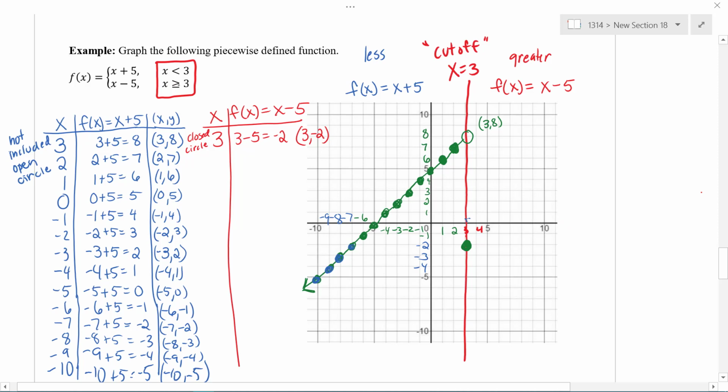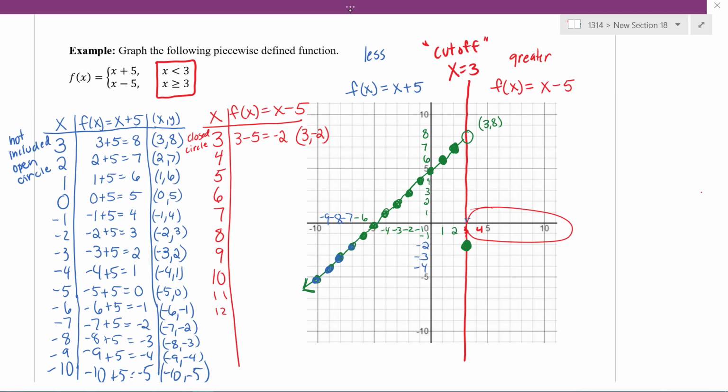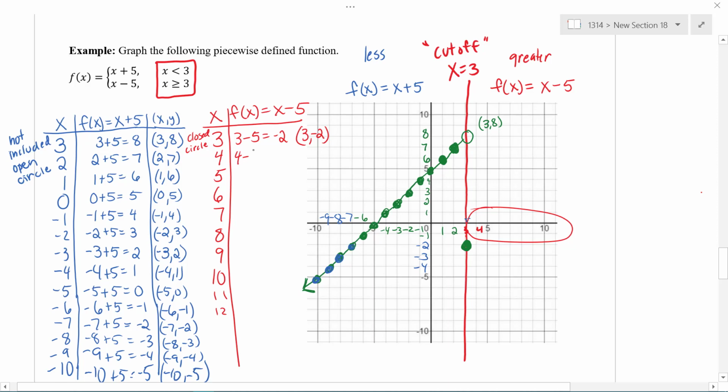Because that's x values greater than or equal to 3. We already did the or equal to 3 part. Now we're just looking for values that are greater than 3. So we're looking for any of these x values to the right of that line. So we're going to use 4, 5, 6, 7, 8, 9, and 10, and we could keep going until we fall off our graph.